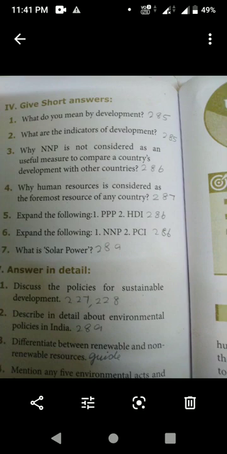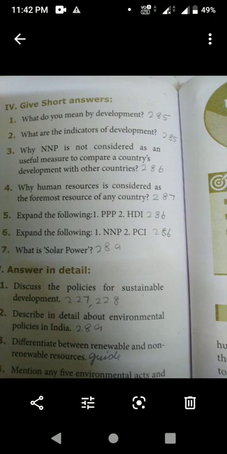Next, Roman number 5, answer in detail. The first question: discuss the policies for sustainable development.